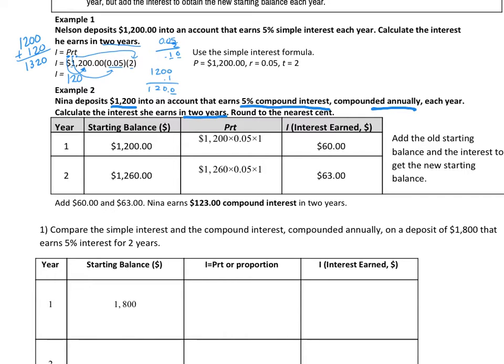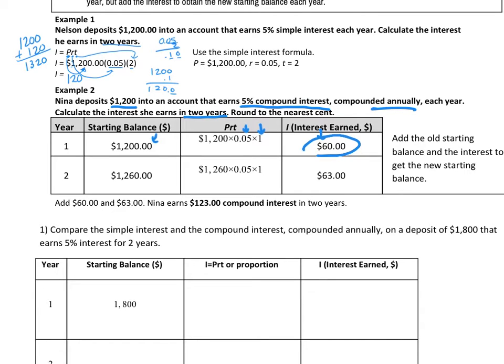Okay, so I want you to watch this process. It's on your paper, and I left it there so you can kind of see it. So starting balance was $1,200. So same thing. They multiplied it by the interest rate, which was 5%, and then times 1 year, because this is compounded annually. So you got $60 interest, okay?